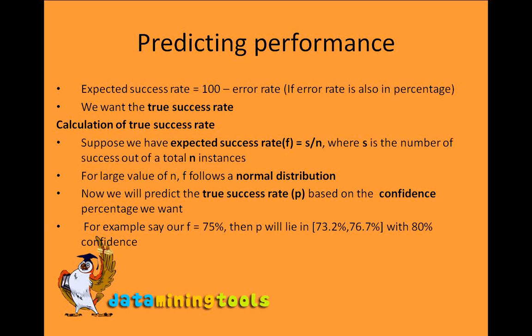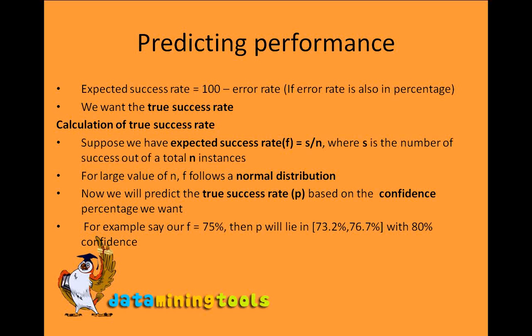But if we approach a large value of n, then f, that is the expected success rate, follows the normal distribution. Therefore, we can use the properties of normal distribution to get our true success rate from our expected success rate. We represent our true success rate as p, and we basically want a confidence percentage.